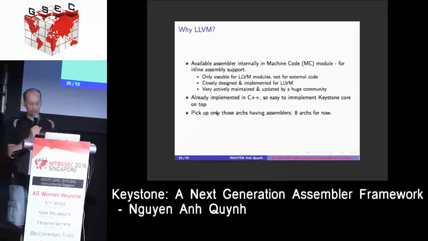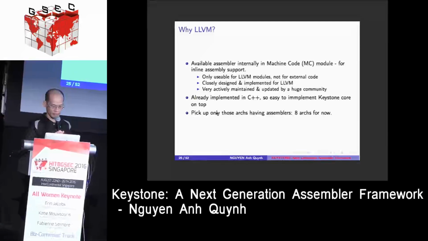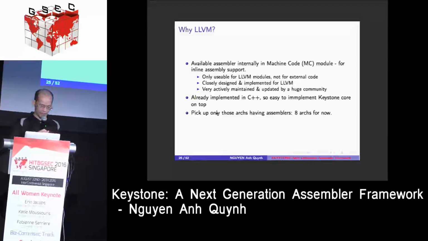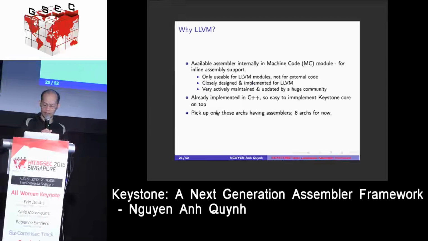So the reason I chose LLVM for Keystone is, first, because LLVM is a compiler, right? So MC supports the compiler inside, and a compiler should support inline assembly, which means MC has many assemblers already inside, right?